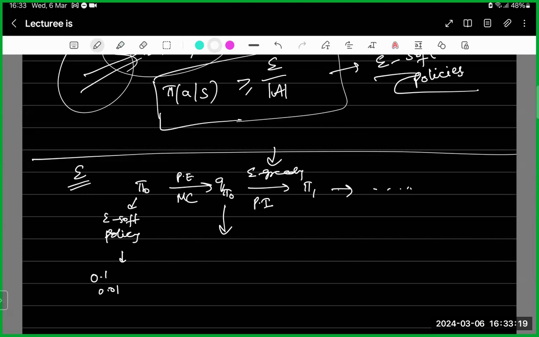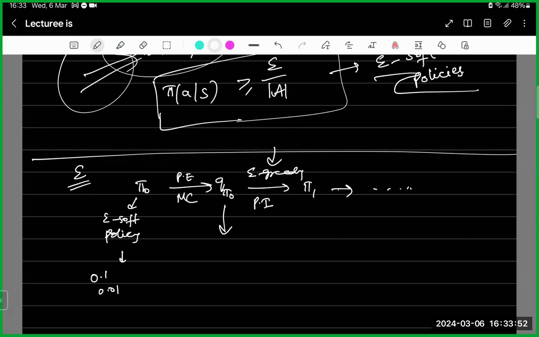Okay. So if you want, there is a book in the references which I have uploaded. There is a book called RL Theory book by some authors. They do all these things very rigorously. They talk about an MDP, and if you do a couple of episodes of the MDP and estimate Q pi naught, whether the average returns that you get, which is an estimate of Q pi naught, how far will it be from the true Q pi naught?